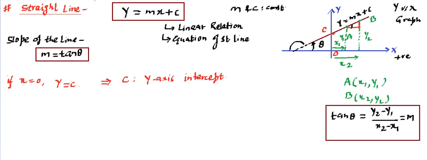Now we can also write the equation of a straight line in a different fashion if 2 points are given to us.